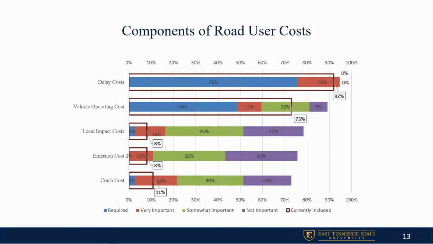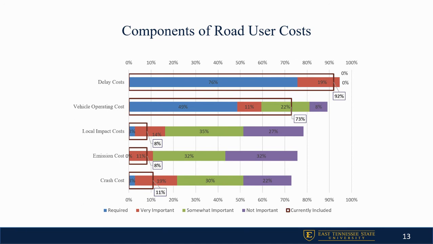Now, based on the components, most respondents indicated that the delay cost and the vehicle operating cost are currently included in their road users cost calculation methodology. These two components are also considered essential by more than half of the respondents because they are the largest components in terms of the total road users cost calculation.